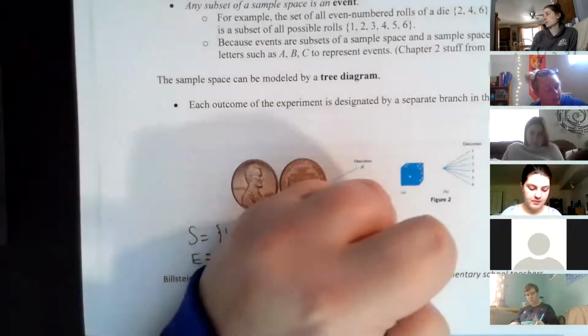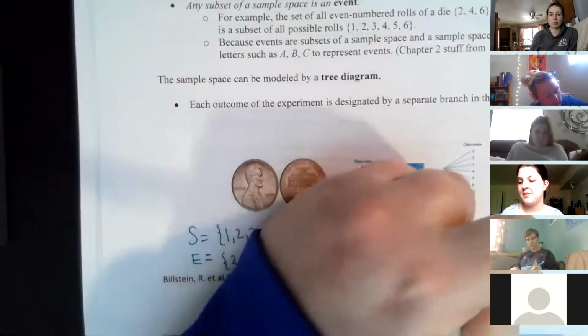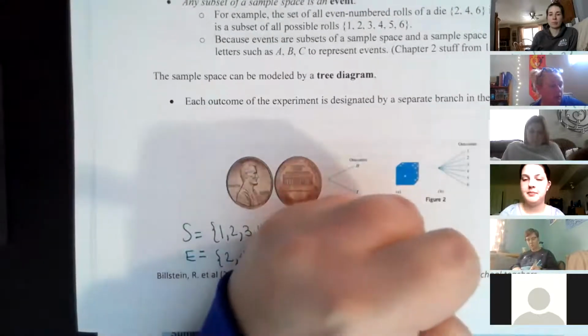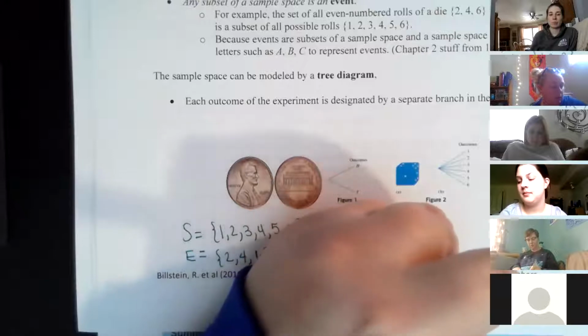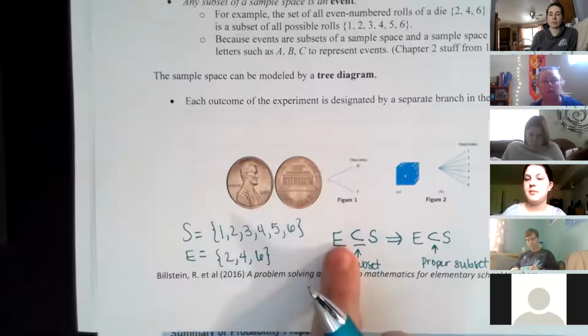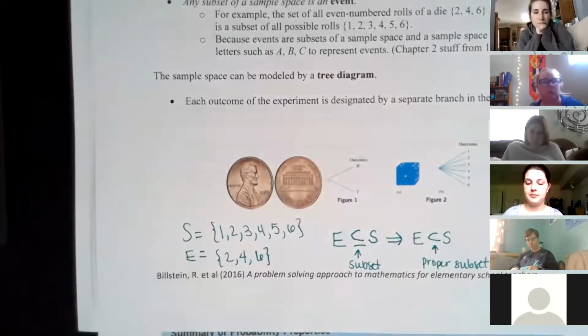Which also can be written as E. If you don't see it with the bar under it, that means this is a proper subset. These are interchangeable for E because E does not necessarily have to equal, but it could, just based on how we would define E. But in this case, E happens to be proper because it does not equal all of S. So that would make it a subset.